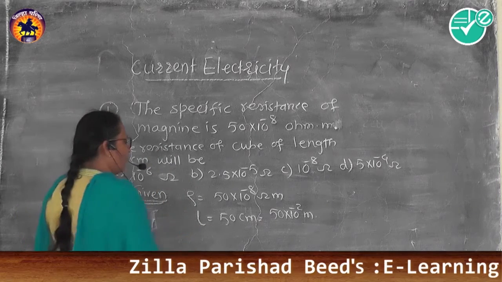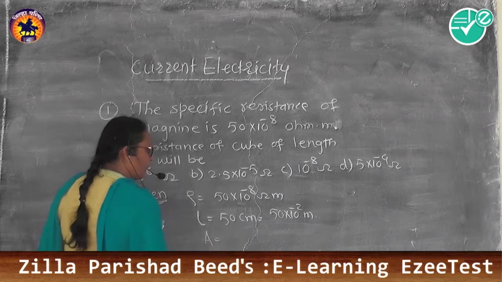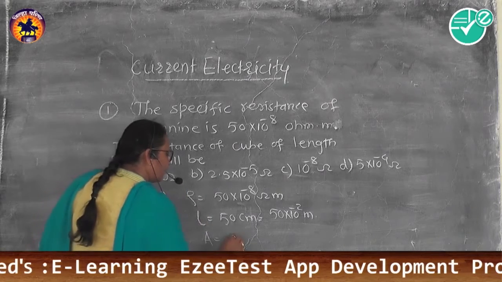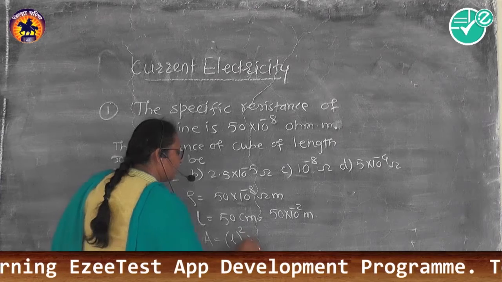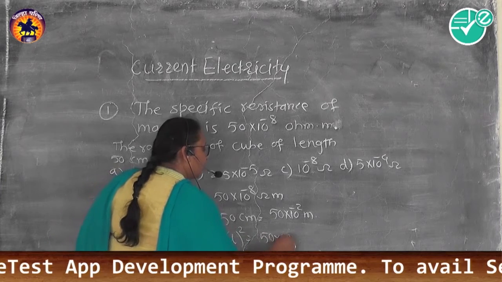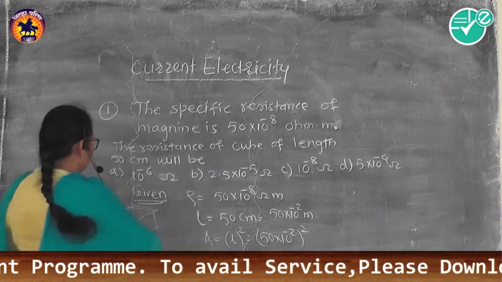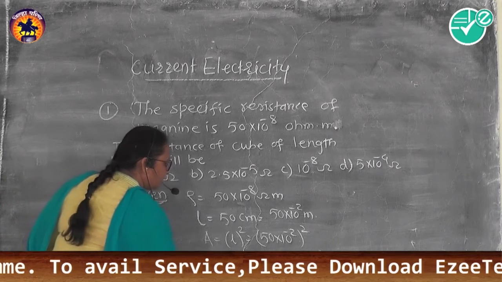So area of cross section can be determined as A is not directly given, but you can calculate it from L square, that is 50 into 10 to the power minus 2 square, and you have asked the resistance of that cubical nature.